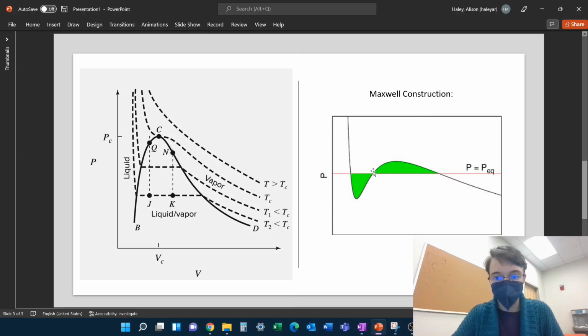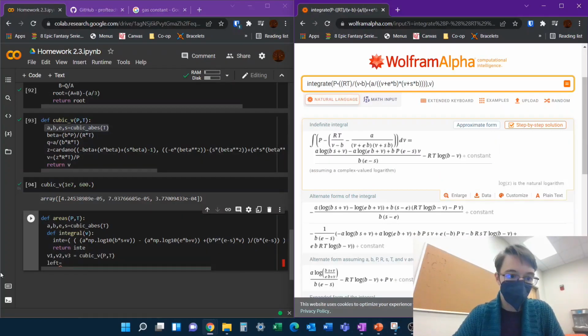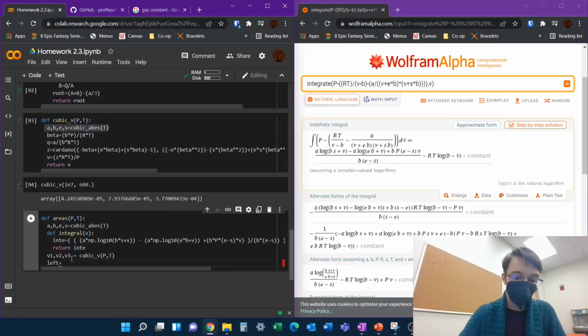So left is equal to the integral of v2 minus the integral of v1.